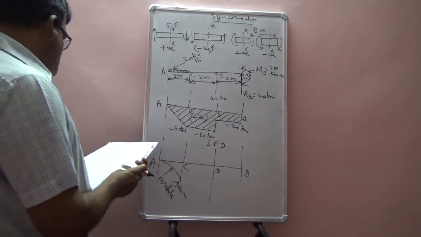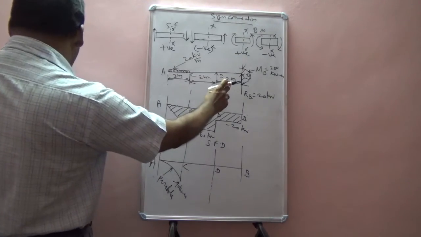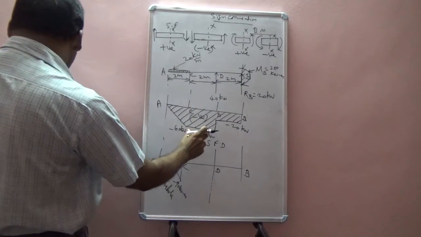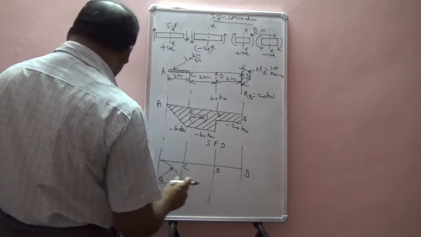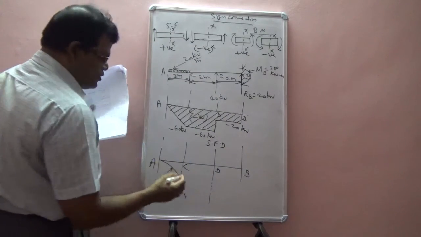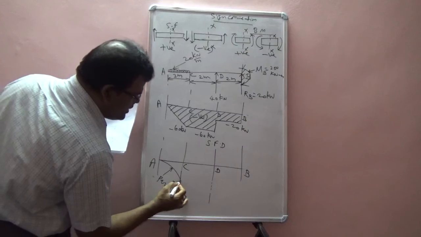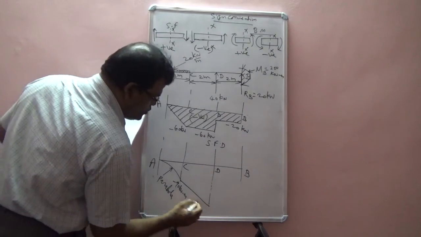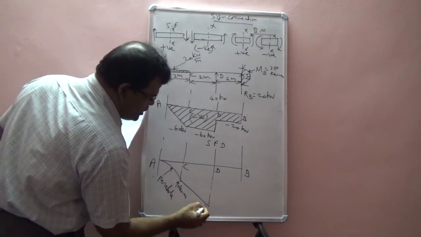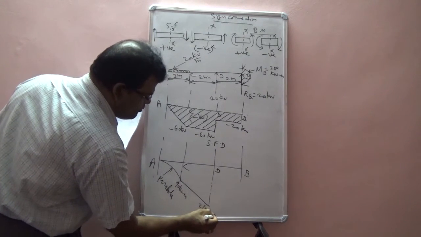Between C and D the shear force is constant. Therefore the bending moment will be a straight line. So this is minus 210 kilonewton meter.